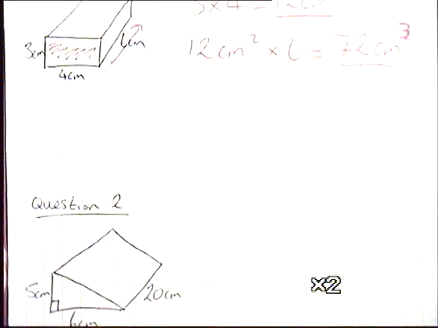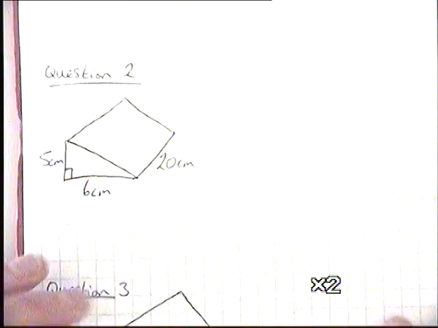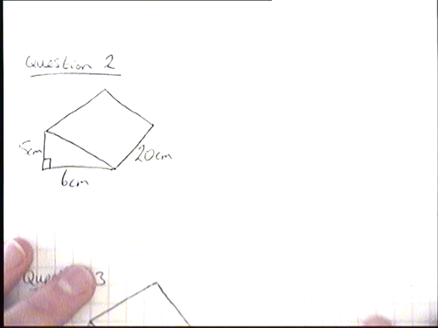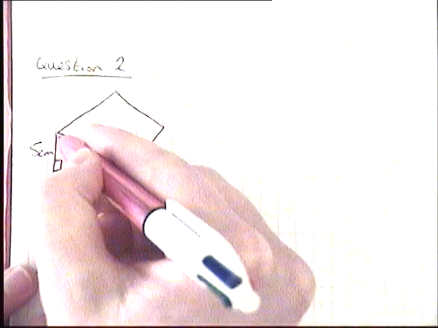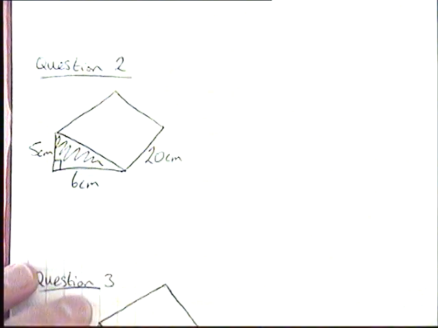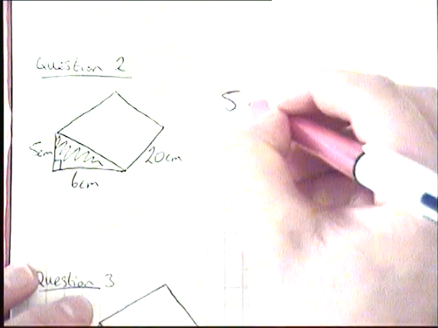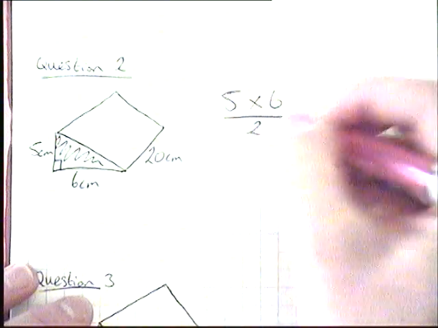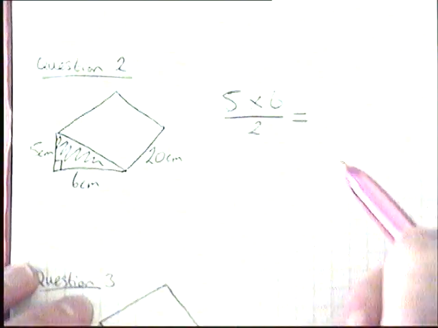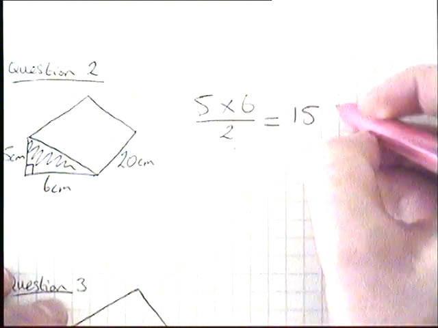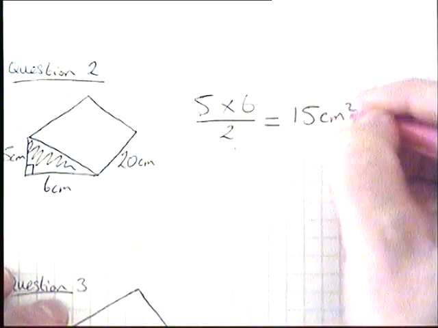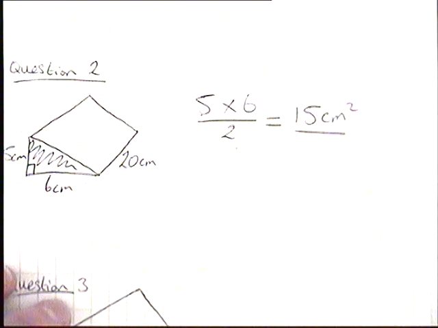Then we're going to have a look at question 2. So again, we're going to start by finding the area of your cross section, which is a triangle. So we've got base times height divided by 2. So 5 times 6 divided by 2. 5 times 6 is 30. Divided by 2 is 15 centimeters squared.